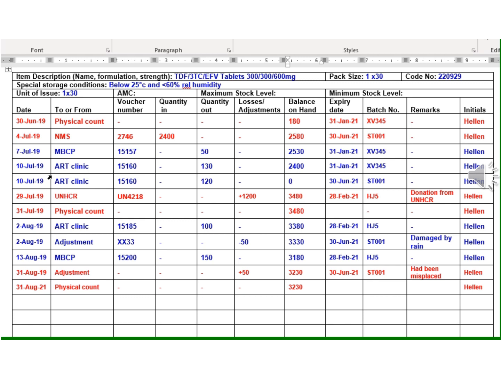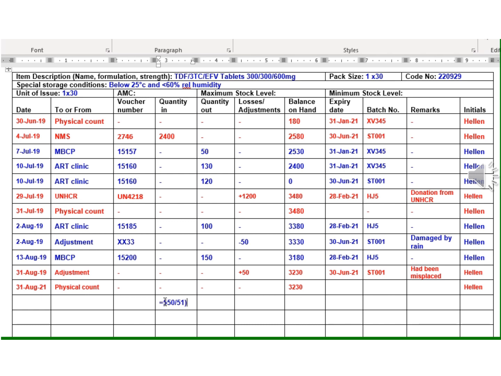It means for 9 days we didn't have stock. So our consumption rate will be 550 divided by 60 minus 9, which is 51 days.